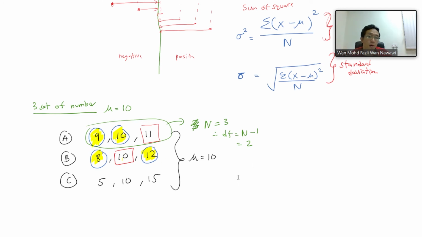Now people might ask, why n minus 1? Why not n minus 2, n minus 3, n minus 4, whatever? That needs some mathematical proof.